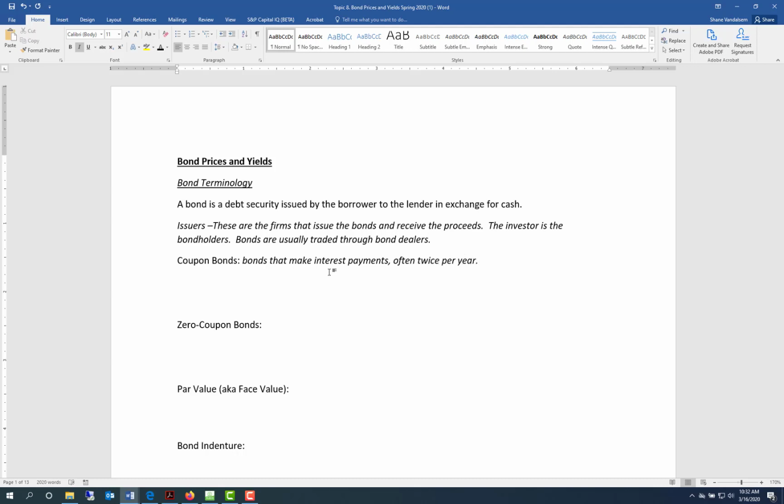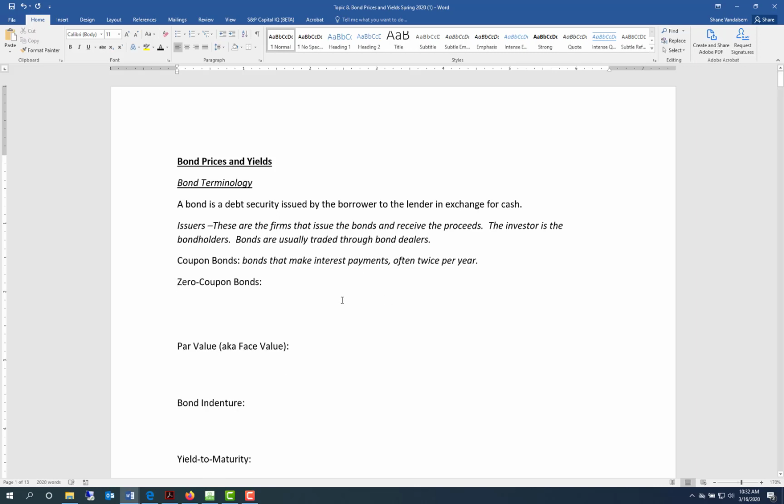They get their name from when bonds originated, in which you would actually receive a paper bond, and on that bond would be little coupons. So anytime when it was time for you to receive your bond payment, you'd actually tear off a coupon, you'd stick it in the mail, you'd send it to the issuer, and they would send you back a check. We don't do that anymore.